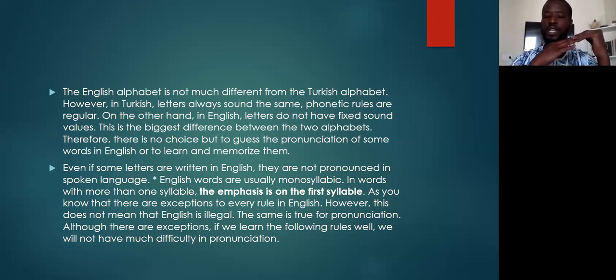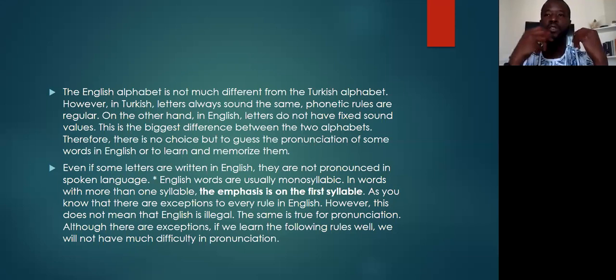Here you are going to adapt it, or change the sound. For example, if somebody asks you, what's your name? Instead of saying your name the Turkish way, you have to say an English version of it, like this. So this is how it goes.